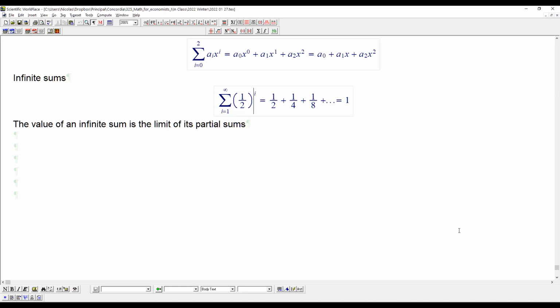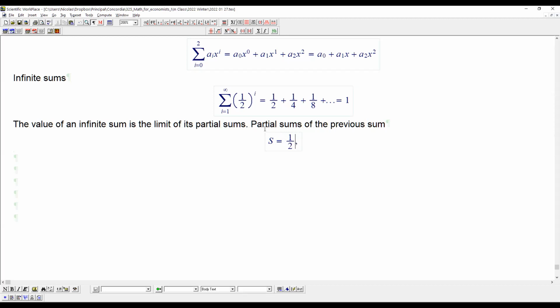By partial sum, we mean we add up the first element, then the first and the second, then the first and the second and the third, etc., etc. So that would be S equals 1/2.